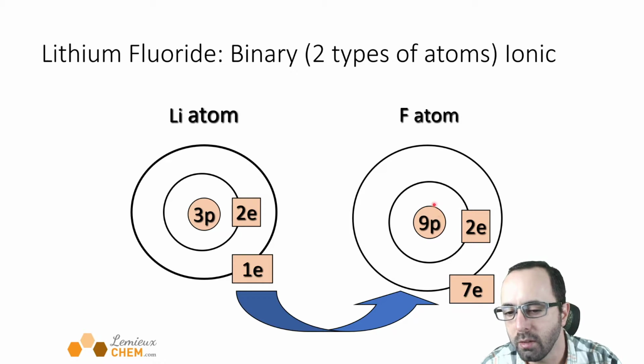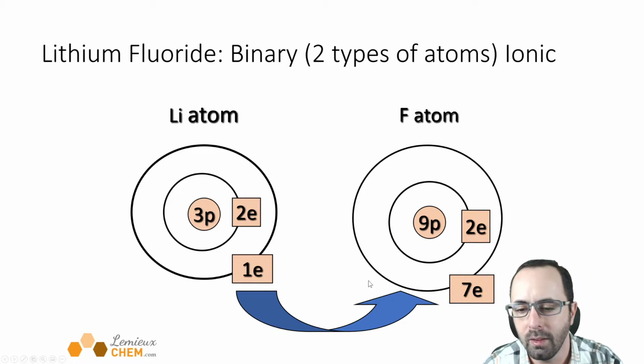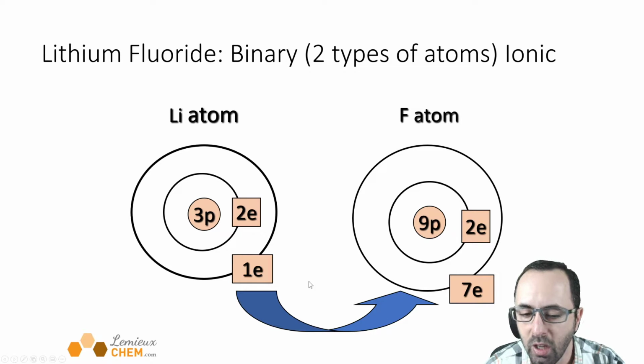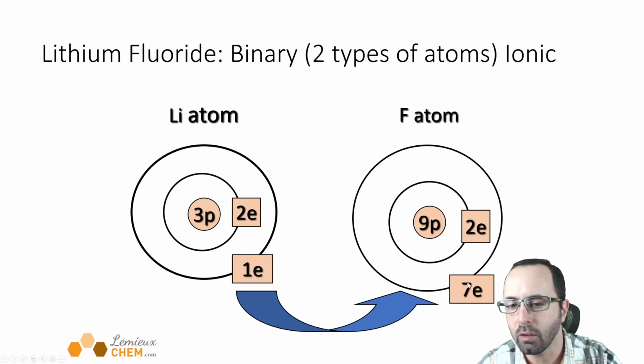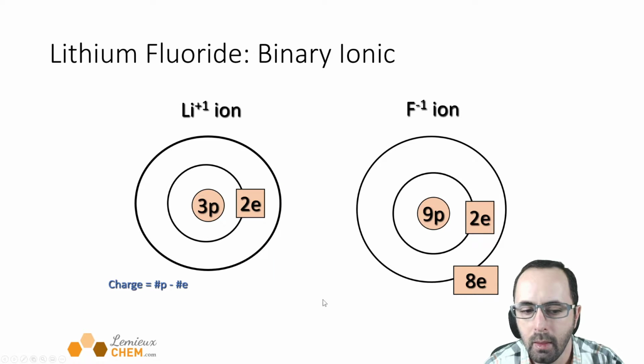And for the fluorine, there's 9 positive charges in the 9 protons, and 9 negative charges in the 9 electrons. But that will change as soon as the fluorine atom steals this additional electron. At that point, lithium will be short 1 electron, and fluorine will have an extra electron. And that's what we're showing here.